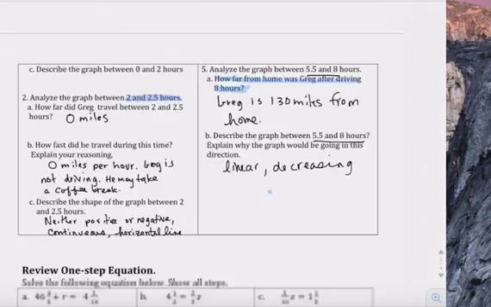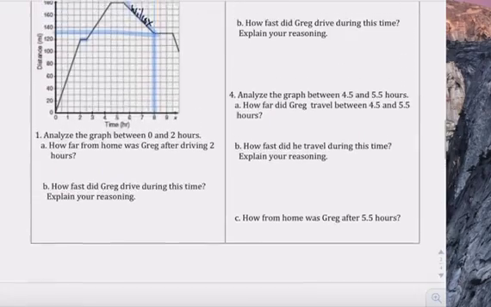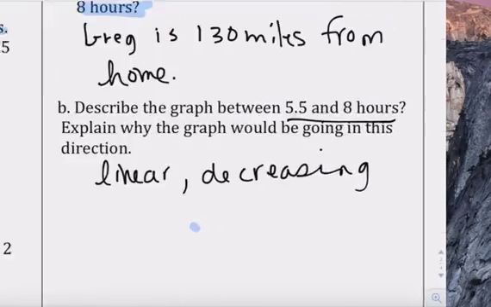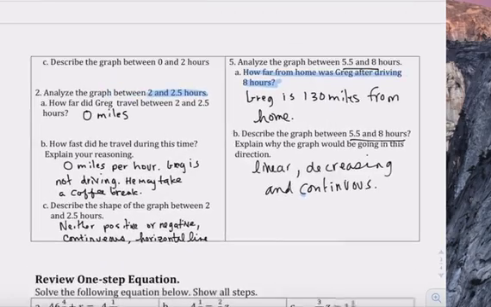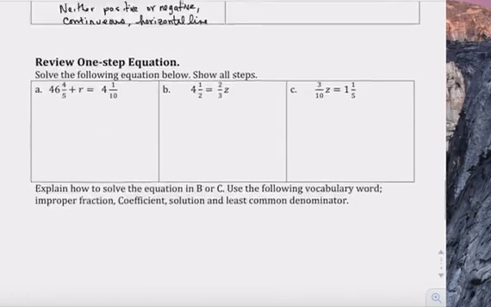And is it discrete or continuous? It's continuous. I don't know how to continue this. I believe that's how it's spelled. I need to check it. Okay.